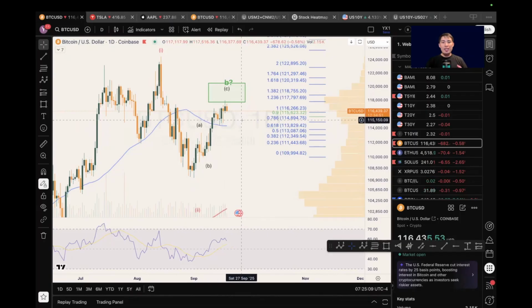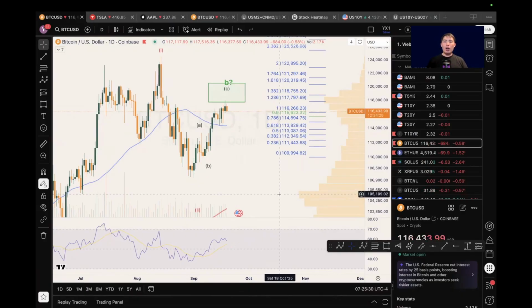So until we see a sustained break above 109K, ideally 120K, this could still be just the ABC corrective rally for this larger degree wave B, which means we can see one more low to go, pointing down to a larger pullback.